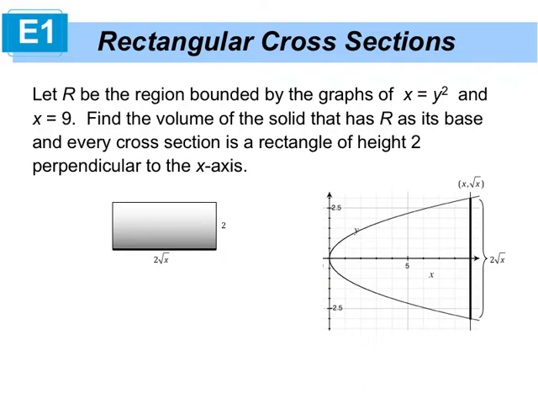The hardest thing about this particular problem is that. Where did that come from? Right. Because when it's at x equals 9, the top of it, the y value is root x, and that's just doubled when you go down to the bottom, so it's 2 root x.